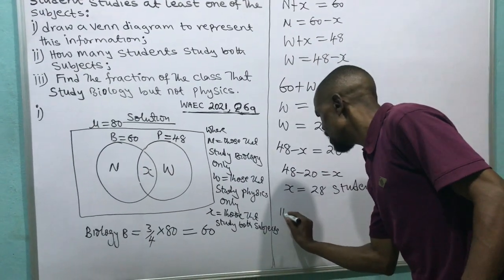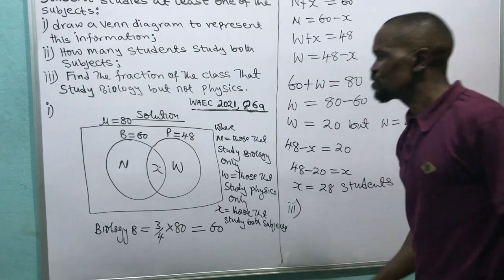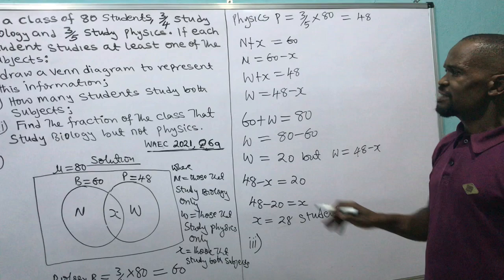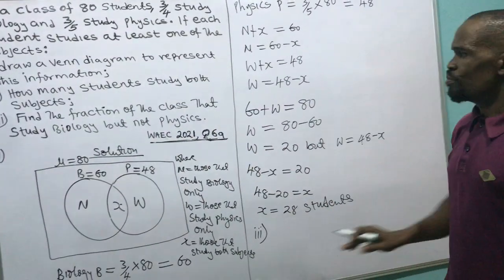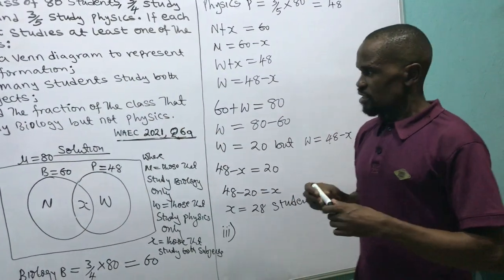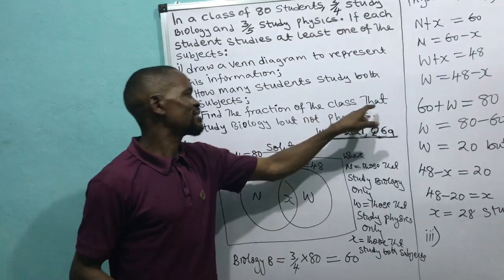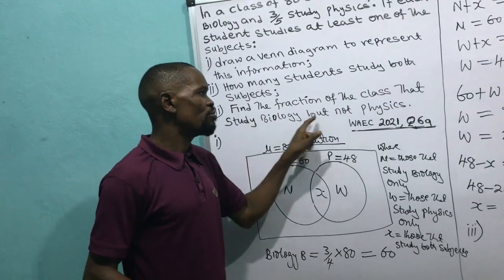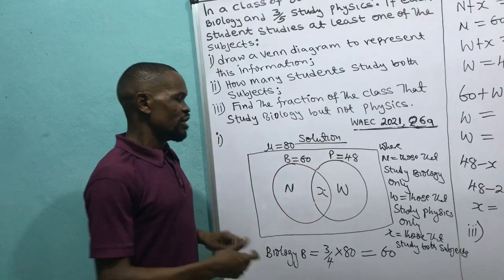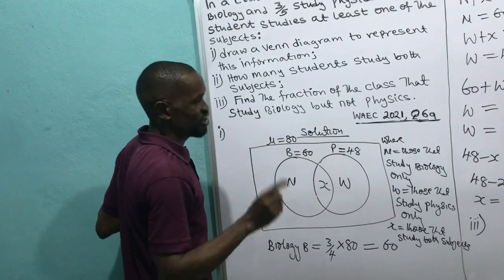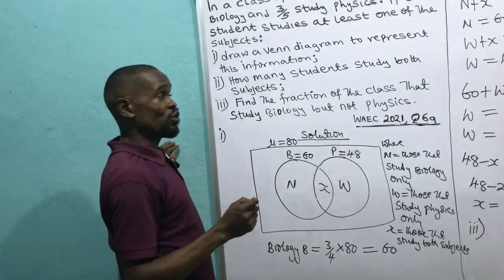The last question here said, find the fraction of the class that study biology but not physics. You look at it, they are asking me for people that study only biology. That's another way they will ask you the question.